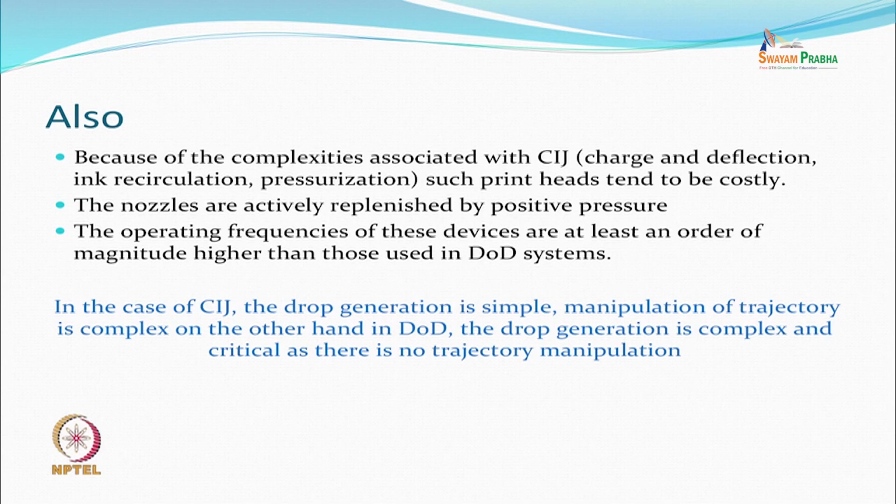So, the complexity associated with continuous inkjet includes charging of drops, deflection of drops, ink recirculation because you are putting part of the ink in the drain, and pressurization so that continuously there is a positive pressure, it keeps on replenishing itself. As I said, operating frequencies of these devices could be at least an order higher in magnitude than those which may be used in drop on demand systems.